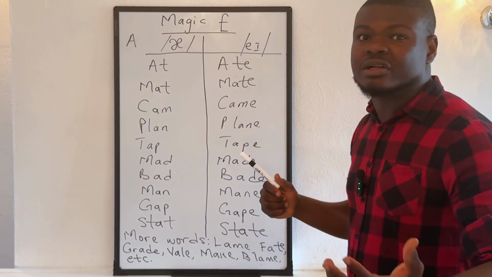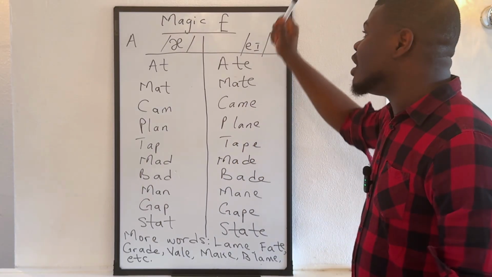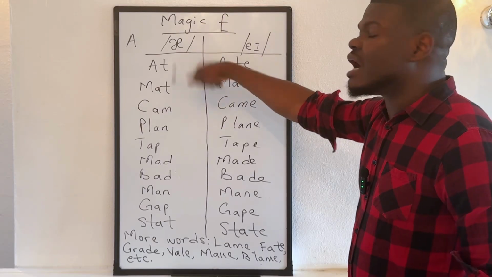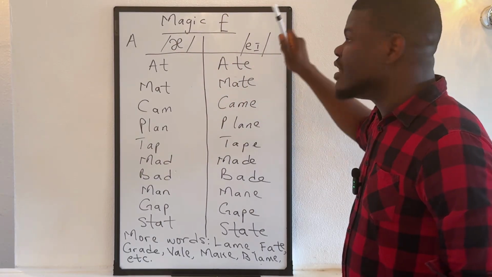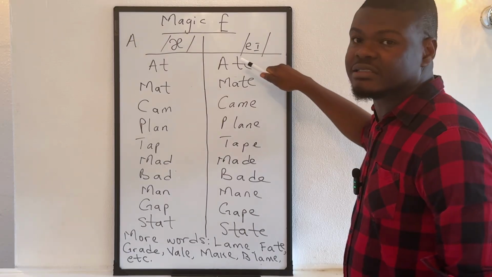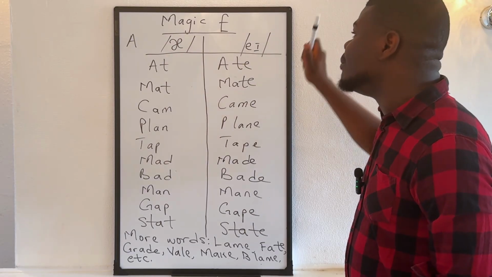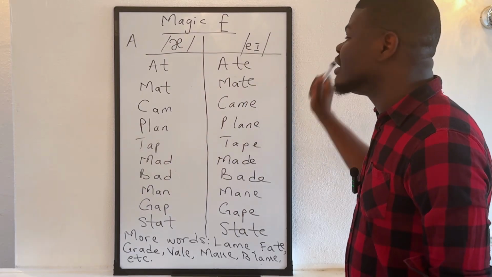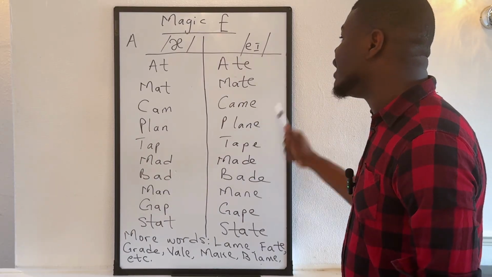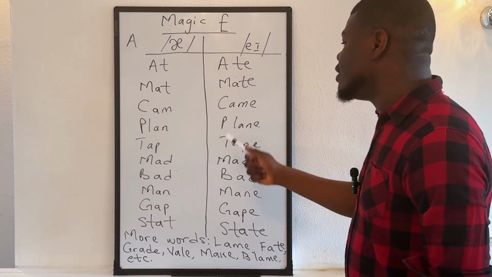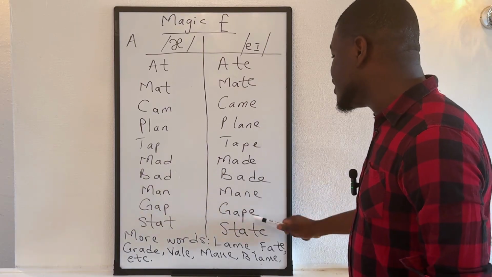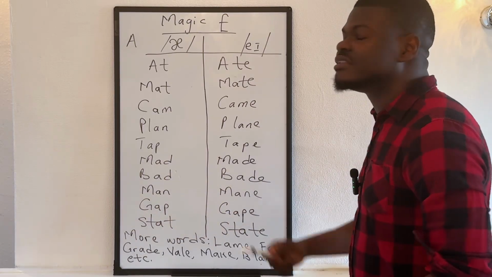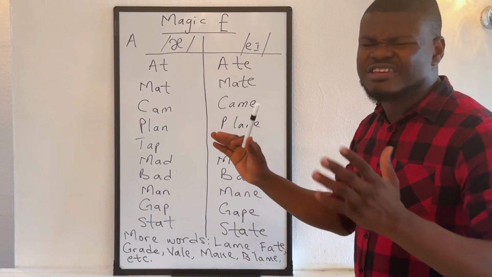So that means that when you have at, plus the magic E, the letter E, then we have ate. Then we have mate. Then we have came. Then plain, tape, made, bade, main, gape, and state. It's as simple as that.